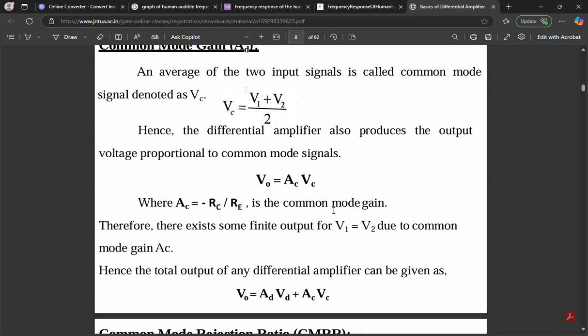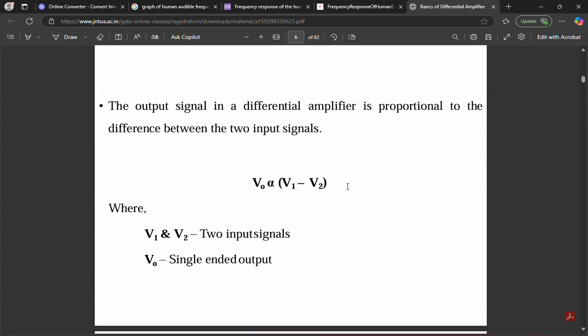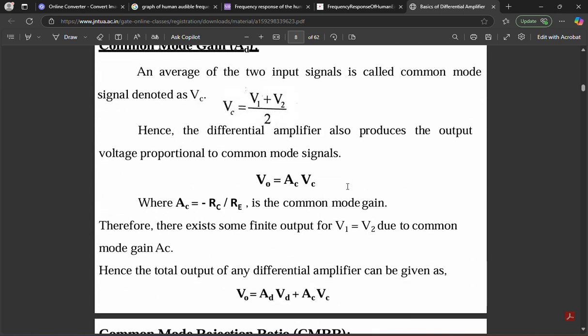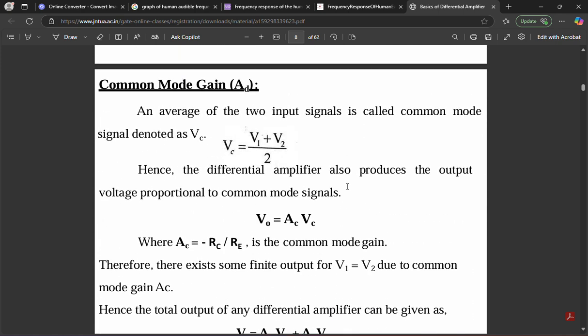When we consider two different signals given as input to the amplifier, these being time variant signals, at some point of time both the signals will have a common, equal value. At that time the output of the differential amplifier will be the average of the two signals, that is, V1 plus V2 divided by 2.